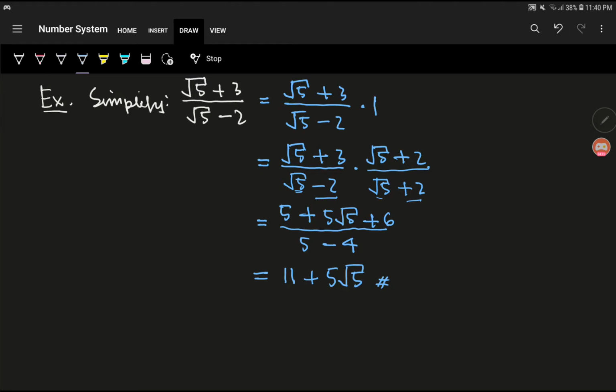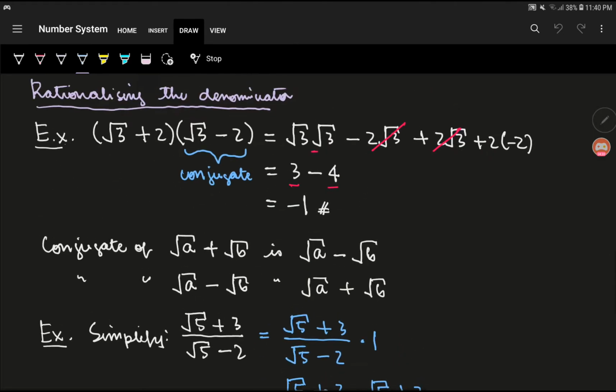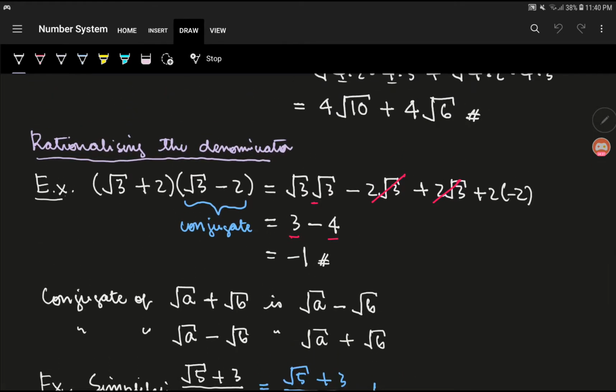Okay, so this is what we meant by rationalizing the denominator, which is about fractions that contain a surd in the denominator. Rationalizing the denominator concerns fractions that have a surd in the denominator.